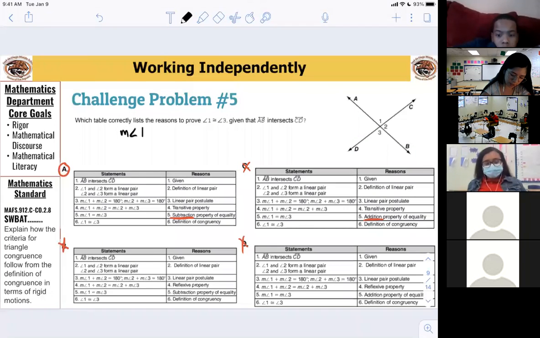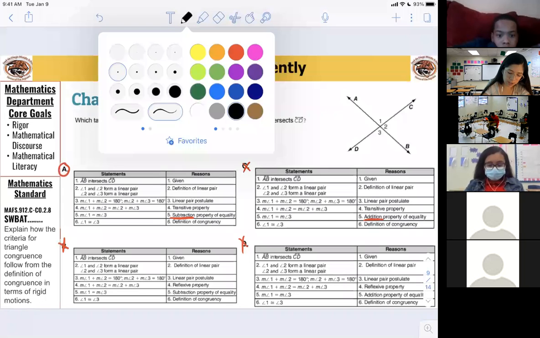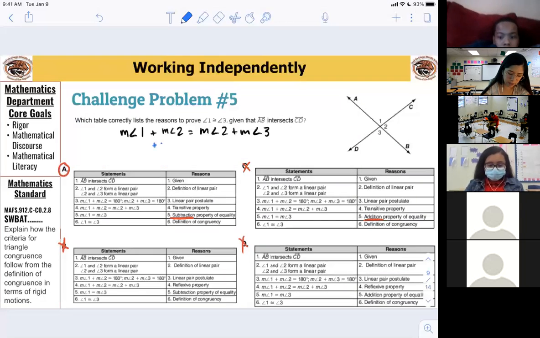So yes, because in step 4 you have angle 1 plus angle 2 equals angle 2 plus angle 3. And in order to eliminate that 2, we're not going to add again, because if you added it, you would just end up with 2 times that, which doesn't really help. You want to subtract it. By subtracting from both sides, it eliminates the angle 2. So that's why it is A.